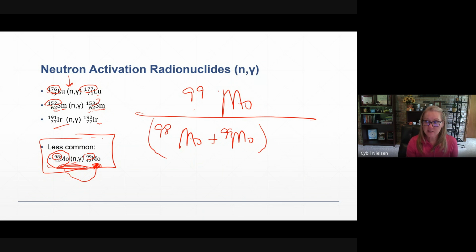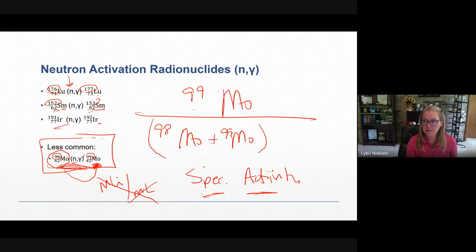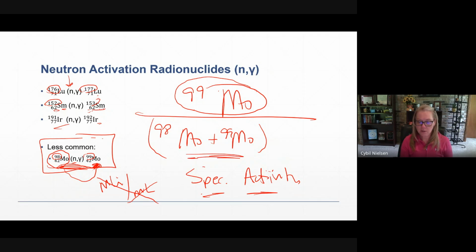And this is the equation for specific activity, not specific concentration. Specific concentration is millicuries per ml. I'm talking about specific activity. That is the radioactive isotope that you want over all of its isotopes. And this is not radionuclide purity either.